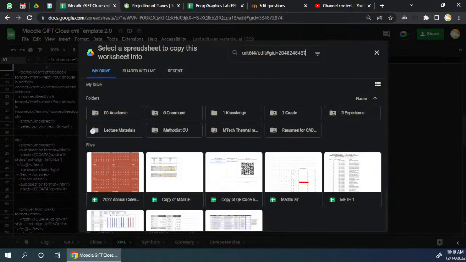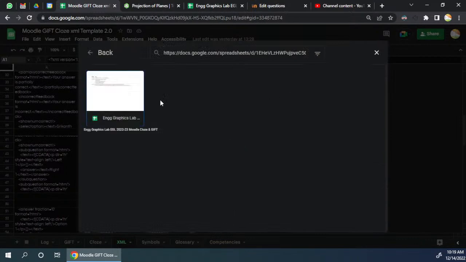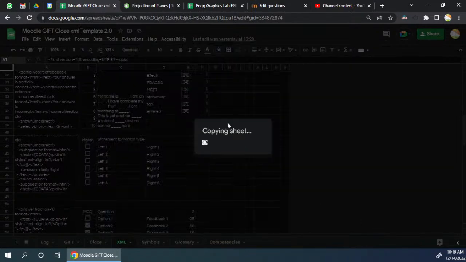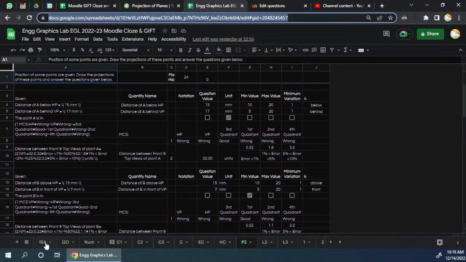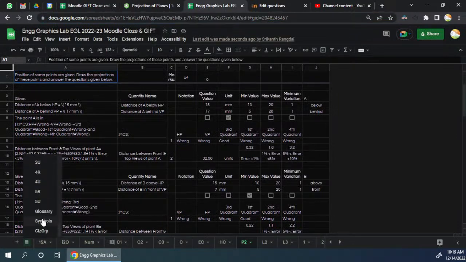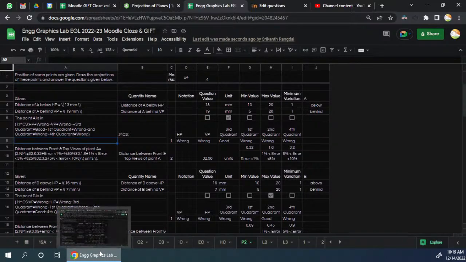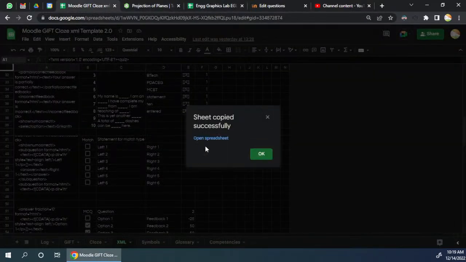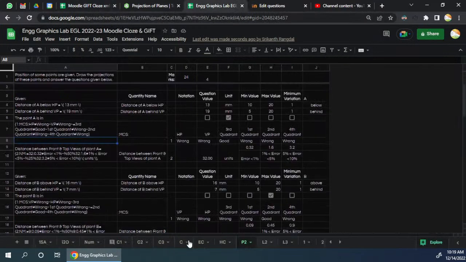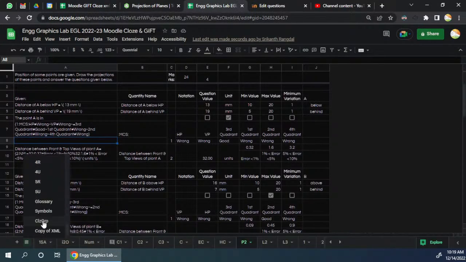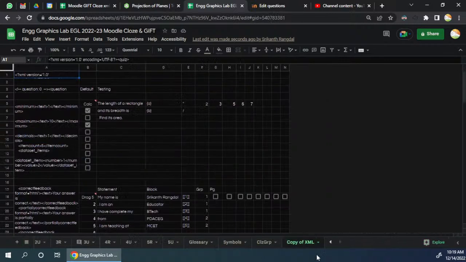Just need to copy paste this over here. There we go. Insert it. So that will come here probably at the end. Okay, so now it's come. Let's see now. So yeah, copy of XML, we are able to find this.